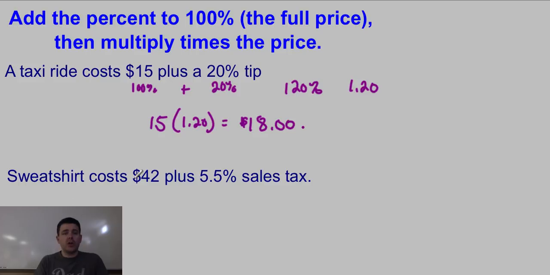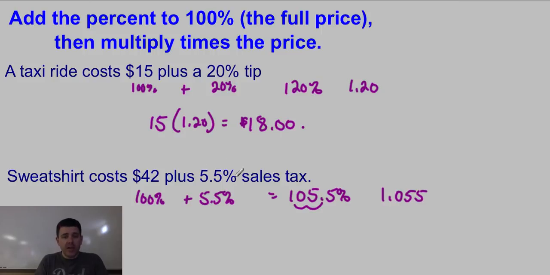Next one, a sweatshirt costs $42 plus 5.5% sales tax. So again, $42 is 100% plus an extra 5.5% for the sales tax. So together we want to find 105.5%. This is where you've got to be careful. Make sure you added them together correctly, and then when we slide our decimal over, it becomes 1.055.